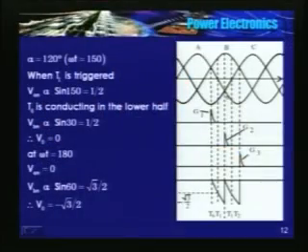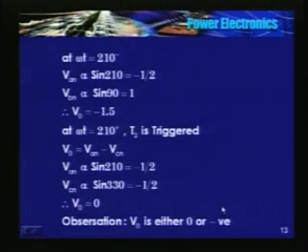So VBN is approximately 1, VIN is minus half, so output voltage is minus 1.5. This peak is minus 1.5. Okay.